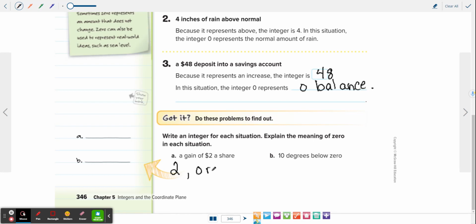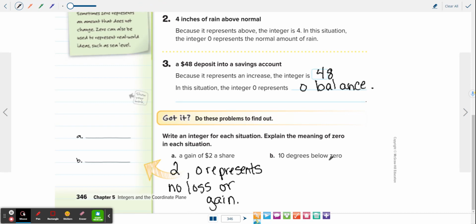And 0 represents neither a gain nor a loss. So it just represents no loss or gain.